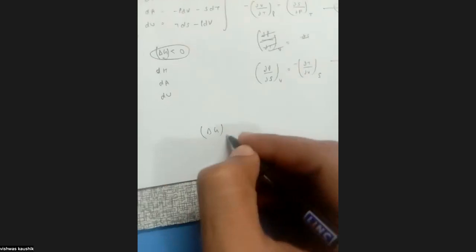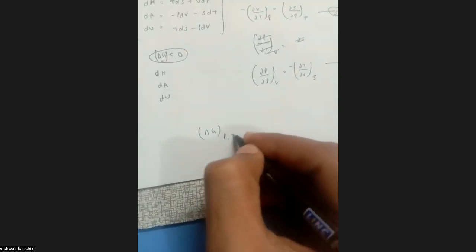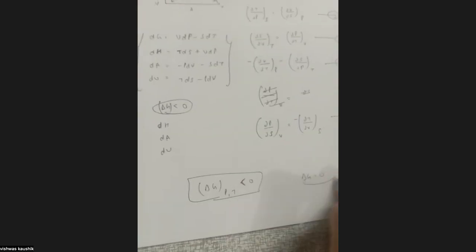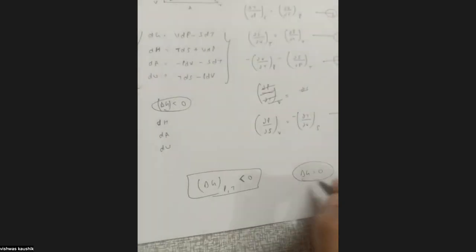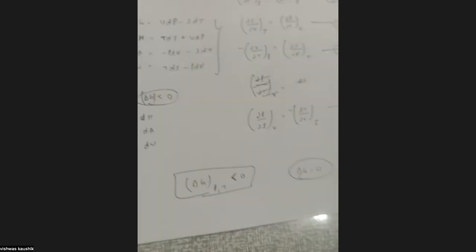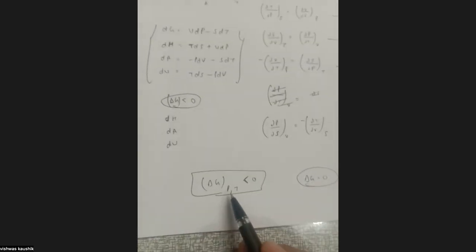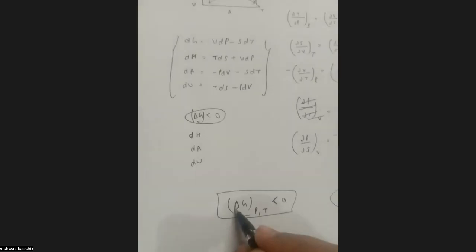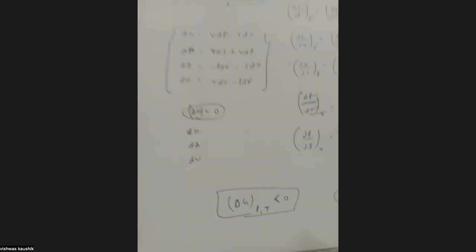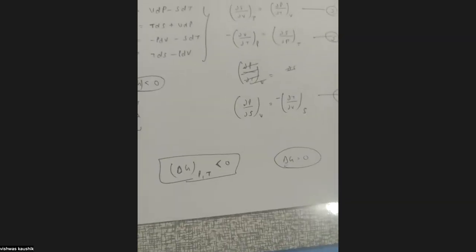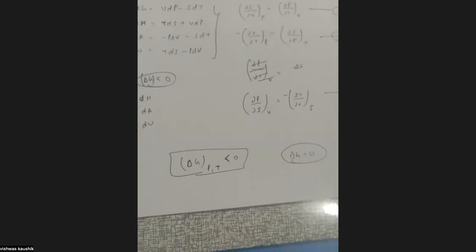Sir, the Joule-Thomson effect is that if a substance is made to expand from a region of high pressure to a region of low pressure, then there will be cooling in that substance. The change in temperature with change in pressure at constant enthalpy will be minus 1 upon Cp.